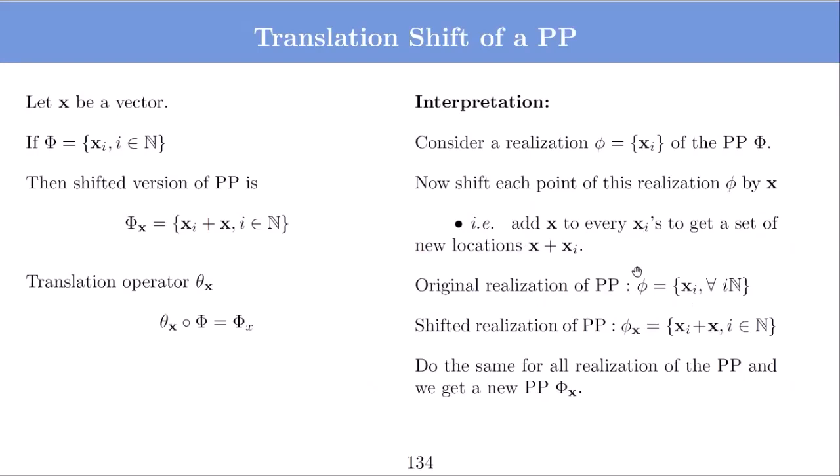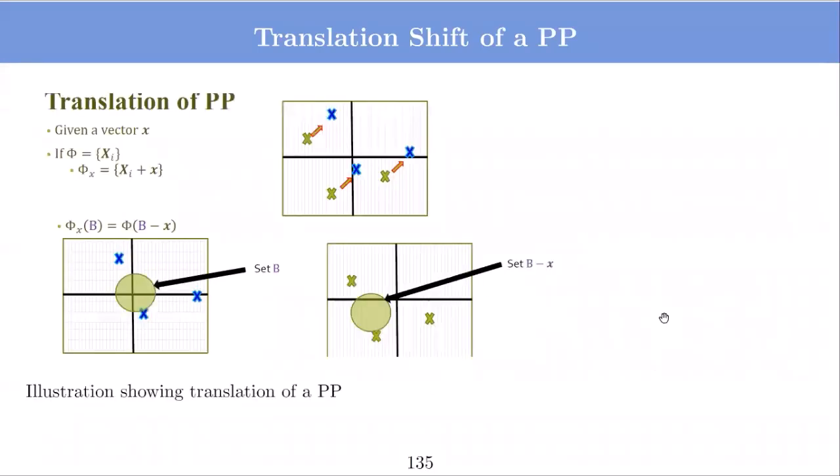So whatever is the probability of this phi will be the probability of this phi x for the new PP. You can see this diagram also. These green ones are the old realization, and you shift it by a vector x to get the new realization.